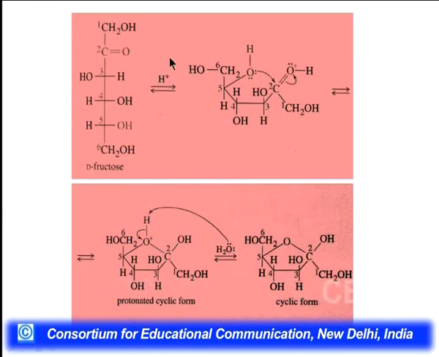If I look at the mechanism quickly, this H plus reacts with the lone pair of electrons on oxygen in an acid-base reaction, increasing the electrophilicity of the carbonyl carbon, and this O acts as a nucleophile, resulting in this structure. In the last step, the water molecule, that is the lone pair of electrons on oxygen, acts as a base and abstracts a proton from here, resulting in the cyclic Haworth structure for fructose.